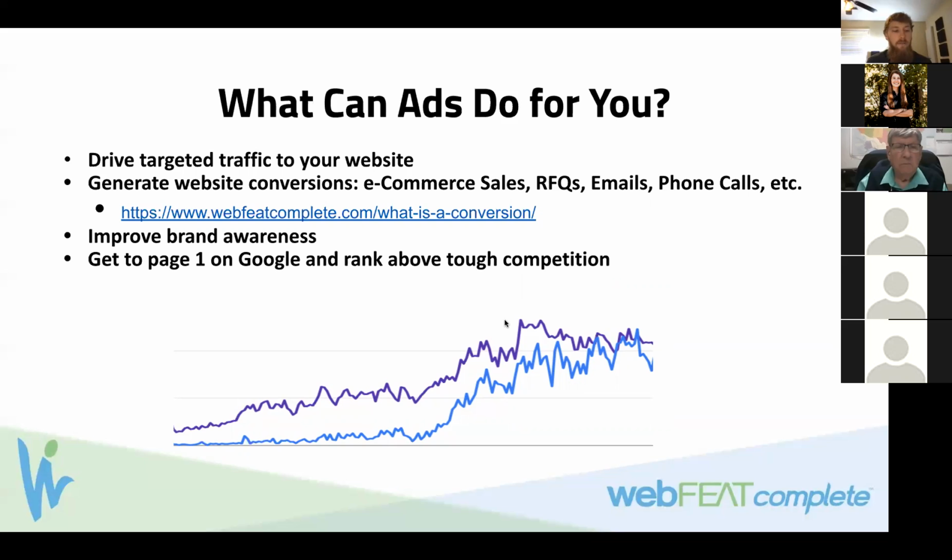And a conversion can mean different things depending on your business, but typically if you're an e-commerce website selling physical products, then obviously selling products on your site is going to be the most important conversion to you. But if you're a service-based business, then generating RFQs or emails or phone calls might be a conversion.